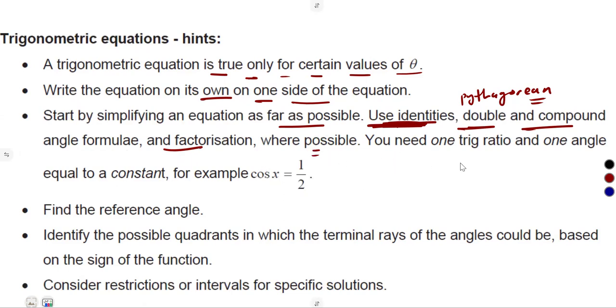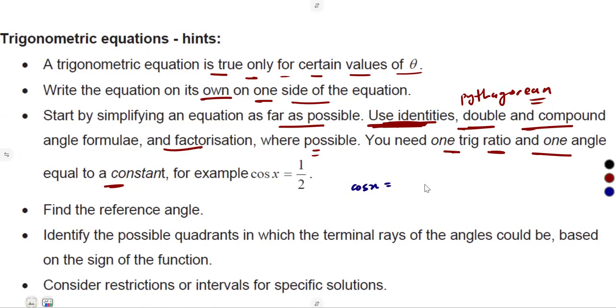Use them where it is possible, because you need one trig ratio and one angle equal to a constant. For an example, cos x is equal to, you just need one, not to say it is cos squared. We need it as one.